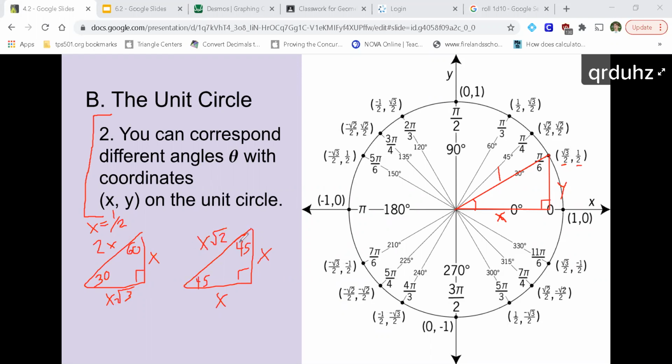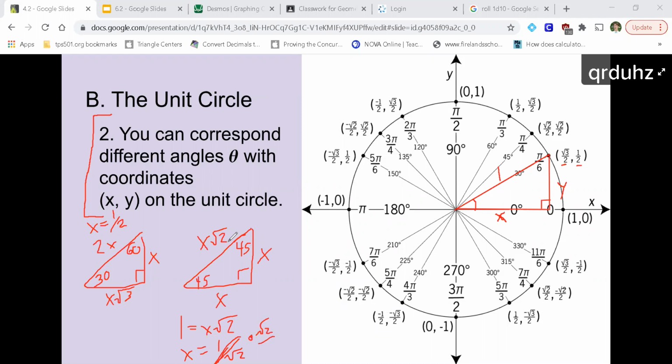If we say the radius is 1 for a 45, 45, 90 triangle, then x would be 1 divided by the square root of 2, which is an issue because you can't have radicals in the denominator.